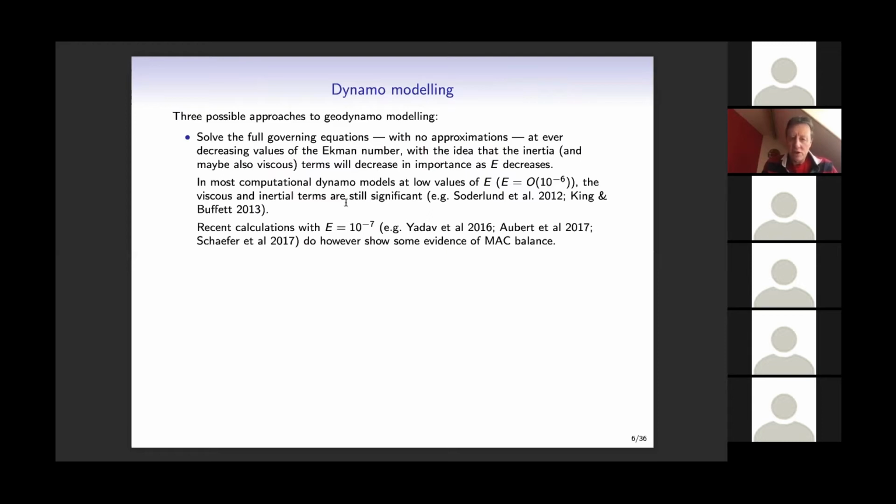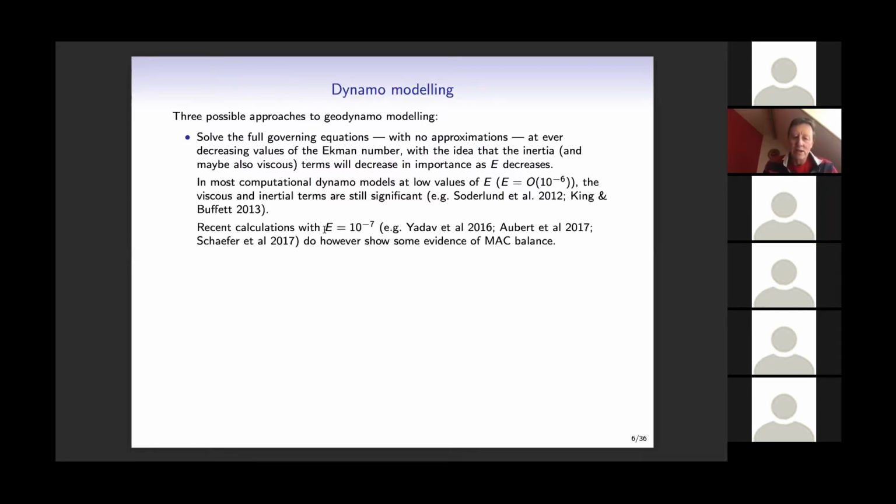Now, most computational dynamo models, even at low Ekman numbers, the dynamos that emerge still have a lot of inertia terms and viscous terms. There's some evidence actually in the most recent ones by Schaefer, for example, that there is some evidence of Mach balance, but that is not completely clear.